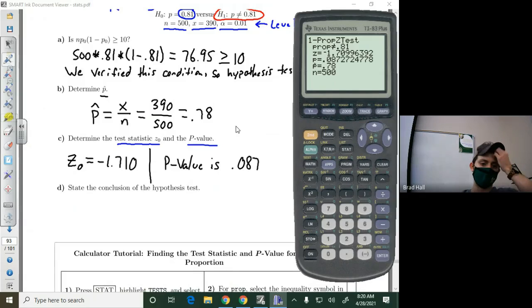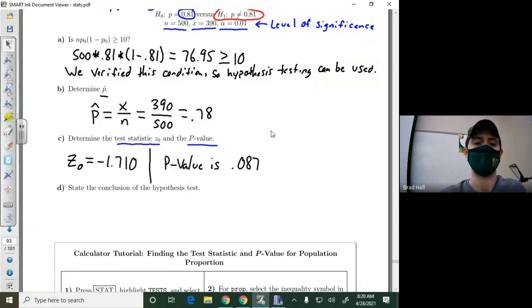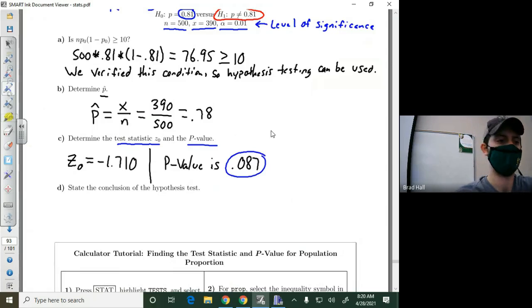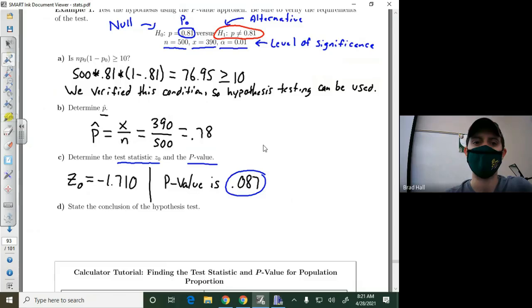And then we state the conclusion of the hypothesis test. Now that we have the p-value, this is the main thing we need. This conclusion of the hypothesis test comes down to comparing the p-value to alpha.